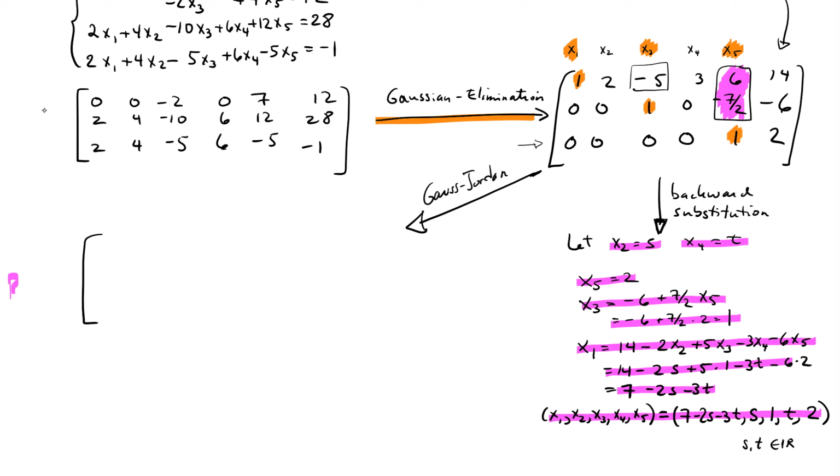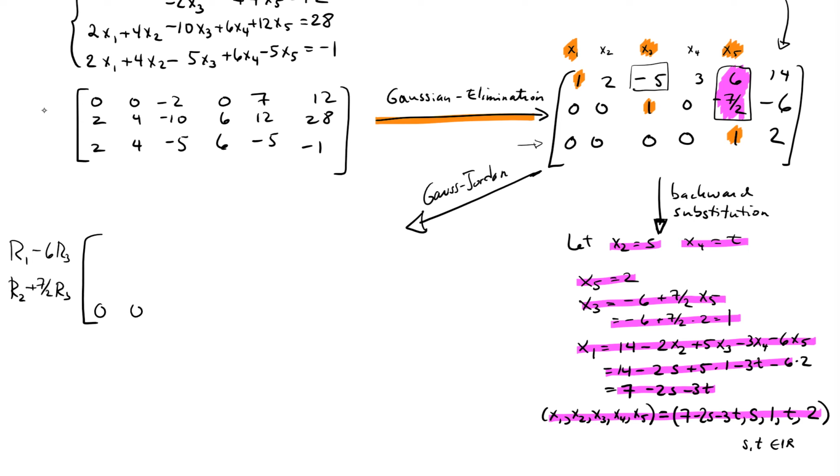So row 2, to make the minus 7/2 a 0, I will add 7/2 of row 3. And for row 1, and I can do 2 operations at the same time because they both only involve row 3, which is not changing here. We will subtract 6 times row 3.